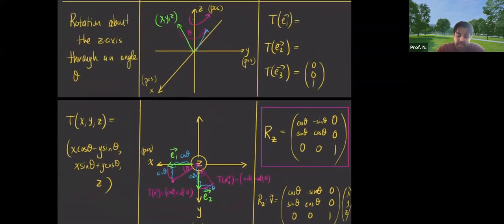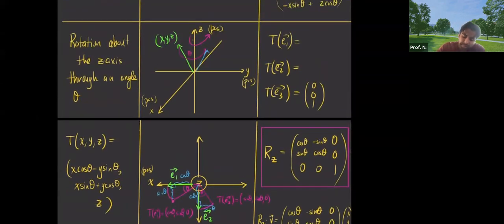Okay, so the idea is that when you find the image of E1, E2, and E3, the image, which we found to be these coordinates, are actually the columns of my new matrix. They're not the rows. So that's the idea behind finding the columns of the associated matrix, okay?